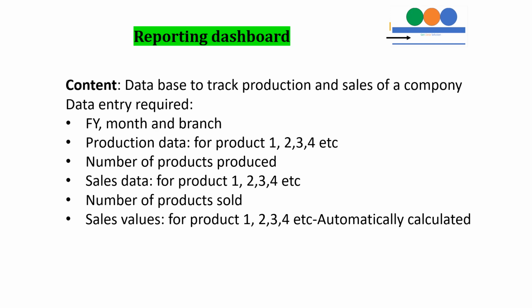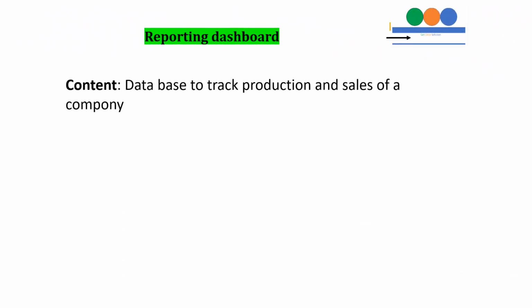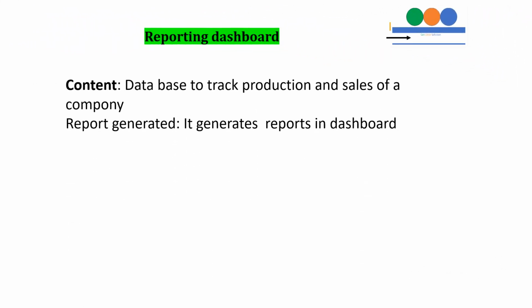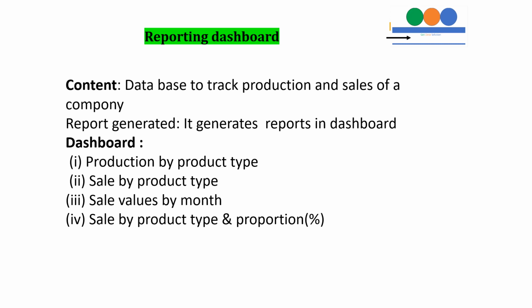Sales values for products, which will be automatically calculated. And in terms of the report generated, it generates report in dashboard. The dashboard report contains production by product type, sales by product type, sales value by month, and sales by product type and proportion of each product for the sales value.